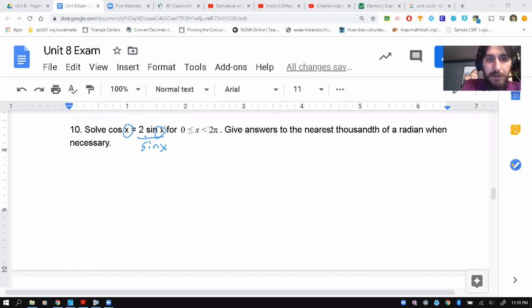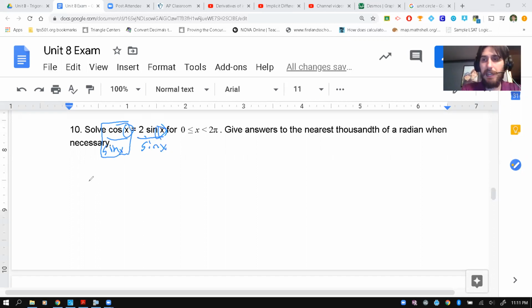I can't just get rid of the sine yet, because it's embedded in that sine function. So to move it over here, I would divide by sine. And then you'll notice, hopefully, something when you do that.